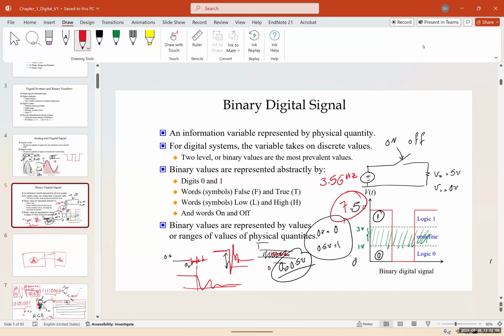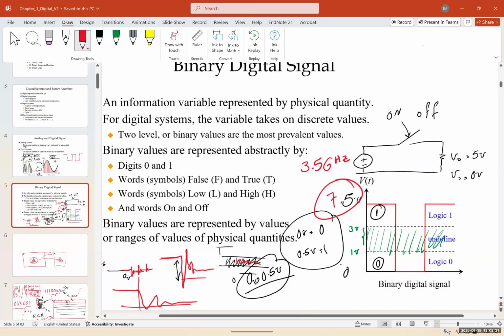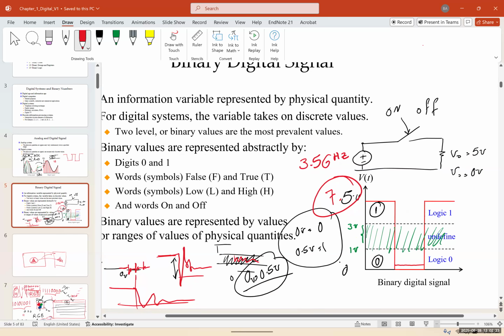One thing that I wanted to add here as well is that sometimes some systems, instead of having 0 and 1 and 0 being 0 volts, the logic of 0 is actually somehow a little bit above 0 volts. The reason is that we want to differentiate between when the system has been grounded and when it's a logic of 0.